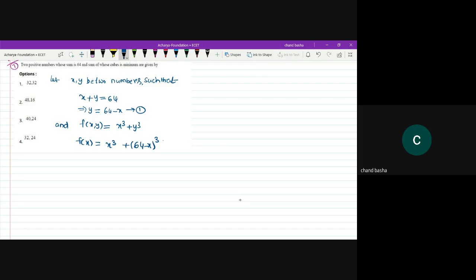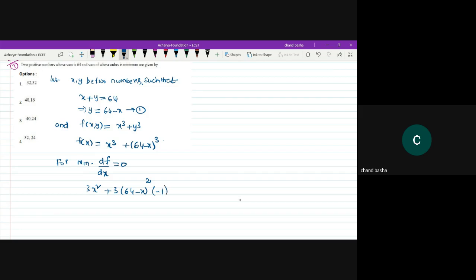So for minimum, what are we going to do? For minimum, df divided by dx is equal to 0. df divided by dx means 3 times x square plus, first I can apply the x power n formula, that is 64 minus x power 3 minus 1, that is 2, and d by dx of 64 minus x means minus 1.